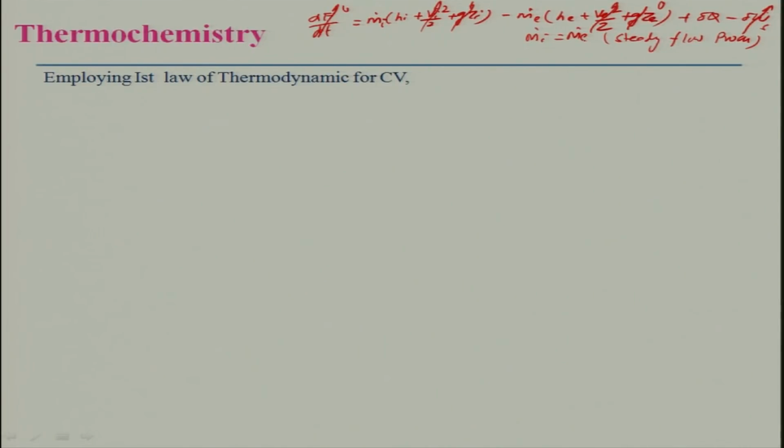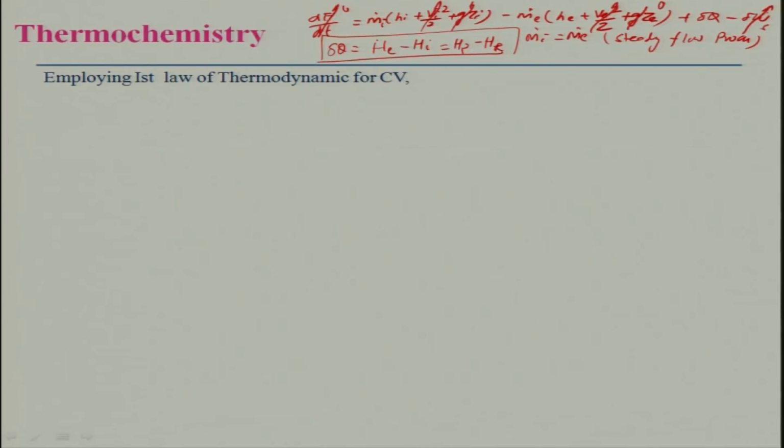And by that you are getting delta Q is nothing but H exit minus H inlet, and here that is nothing but H products minus H reactants, okay, yes or no? And that is what you get from this expression.